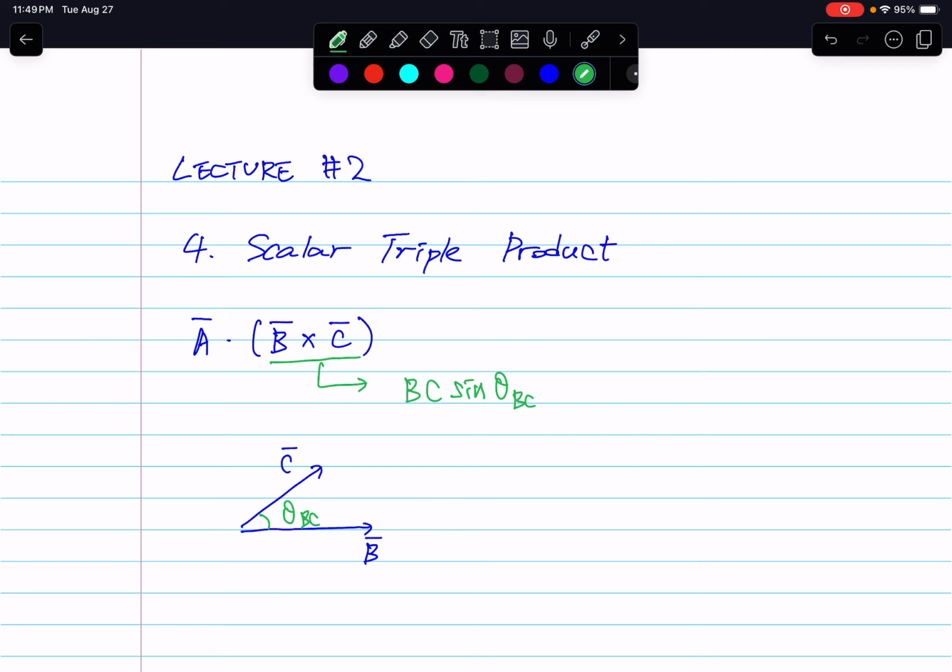And so now the other thing you need to think about is what the meaning of C sine theta BC is. If you think again, C sine theta BC is this length. This guy right here is C sine theta BC. Because you're multiplying this length with sine theta BC, you get the height.